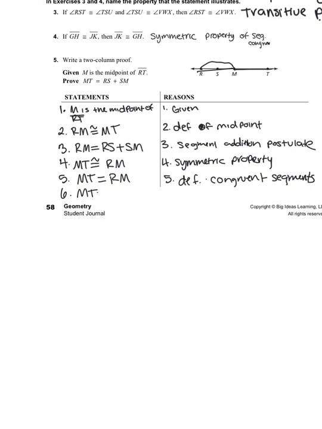So I get MT is equal to RS plus SM, and basically I just used the substitution property. Now, I think I mentioned this earlier, but if you're not including the property of segment congruence versus the property of angle congruence, I'm not going to count off for that because essentially it is the same thing. You're still substituting.